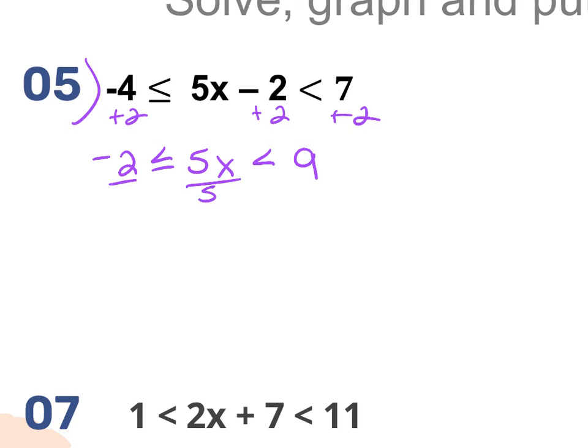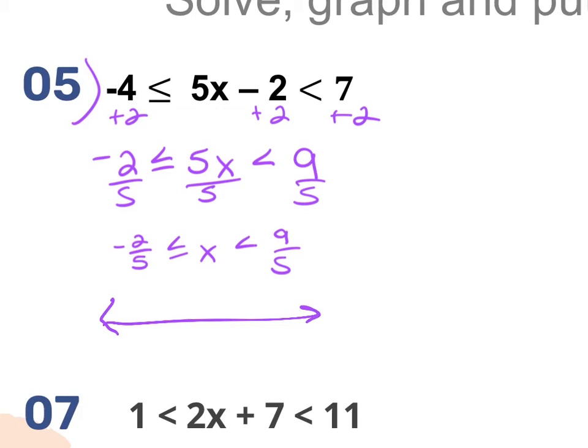Divide by 5 here, and I get -2/5 is less than or equal to x, which is less than 9/5. Now, the only reason I would rearrange these is if the small number was smaller on the other side. Like if this is in order from smaller number to bigger number, right? -2/5 is smaller than 9/5. That's the only reason I would ever switch these around.